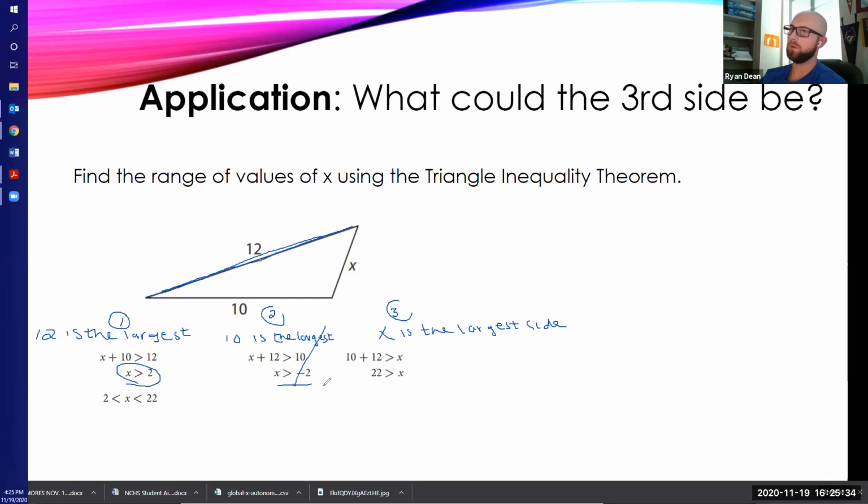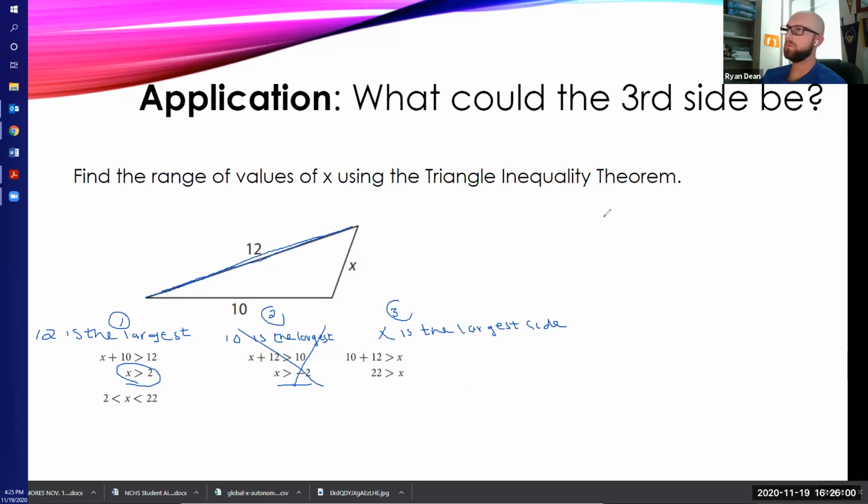And this is never going to be true because we can't have negative side lengths. In scenario 3, we have x is the largest side. So if we add the 10 and the 12 together, they have to be bigger than x. So in this specific scenario, 10 plus 12 is 22. x has to be less than 22.